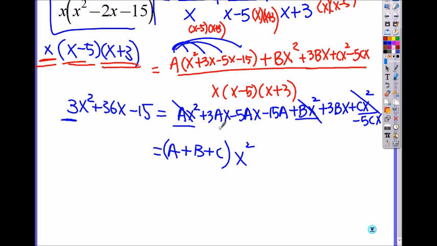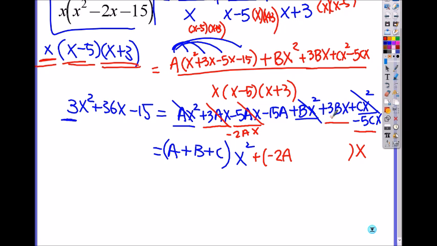So x here, I have 3Ax minus 5Ax, 3Bx, minus 5Cx. Okay. So first, what is 3Ax minus 5Ax? Negative 2Ax, right? So let me write negative 2A, and I'm going to put x outside. Okay? So I've done with these two.